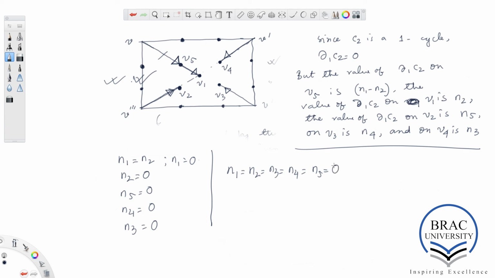So what does it mean? It means that the one cycle C2 is carried by the boundary of the complex L, okay?